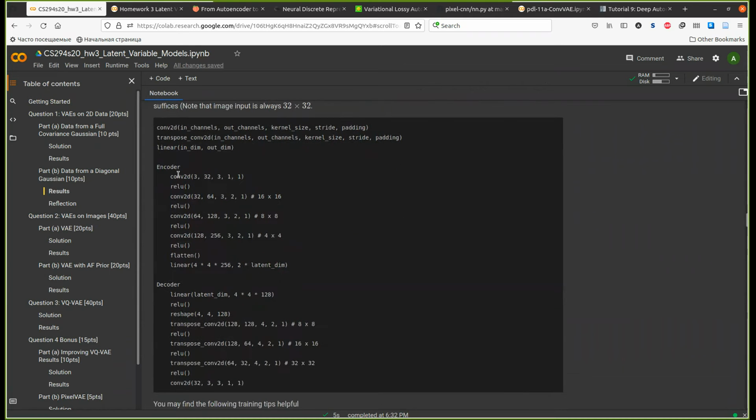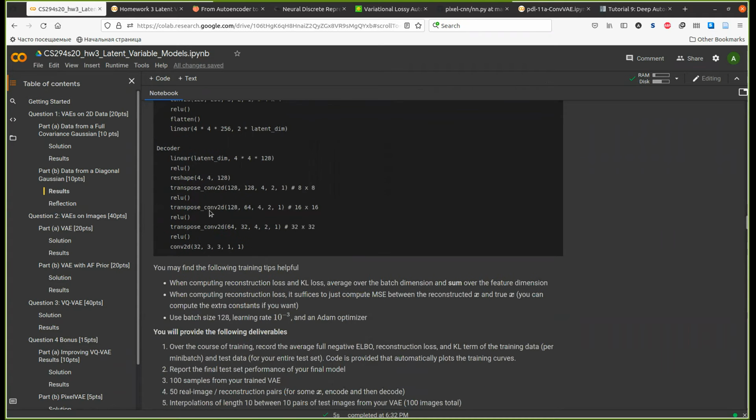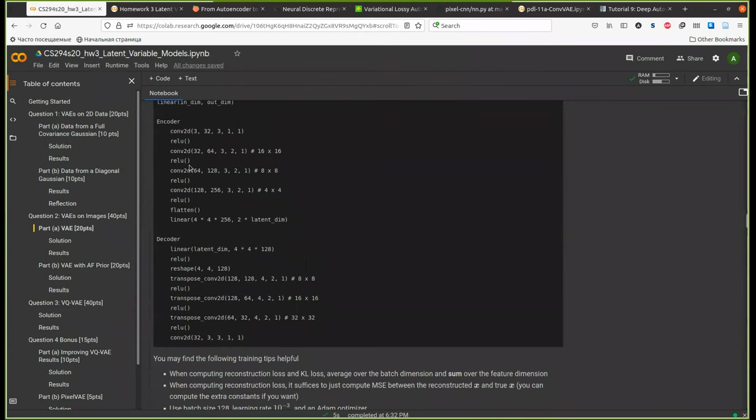They even provide us with some reasonable default configuration for the encoder and decoder parts. You can see that the decoder consists of transposed convolutions, so it kind of mirrors the encoder, right?